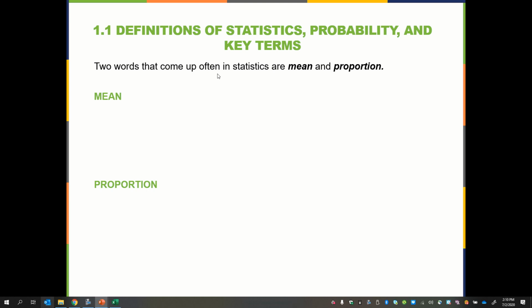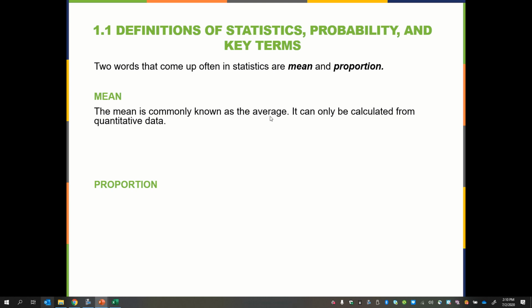Two words that come up often in statistics are mean and proportion. The mean is commonly known as the average, and it can only be calculated from quantities. You've heard of an average, most likely, almost everyone has, and we say average in everyday life, but as a statistician, you will use the word mean because there are other measures of center in statistics that could be considered a type of average.